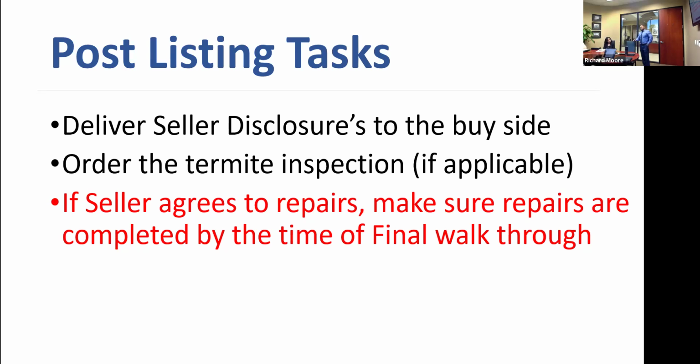Then the buyer can either say, okay, it's fine, let's move forward, or say, okay, I want to cancel, never mind. Or they can negotiate a little bit more. So there are different things they can do. But if the seller does agree to repair anything, make sure that the repairs are completed before the final walkthrough, which is 5 days before close of escrow.